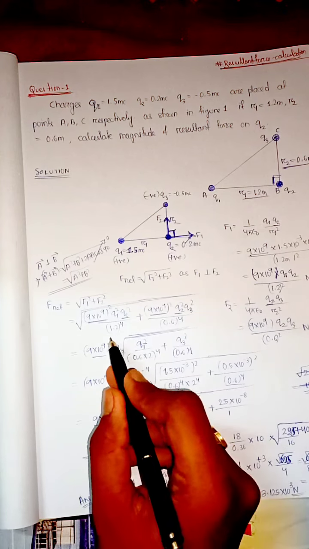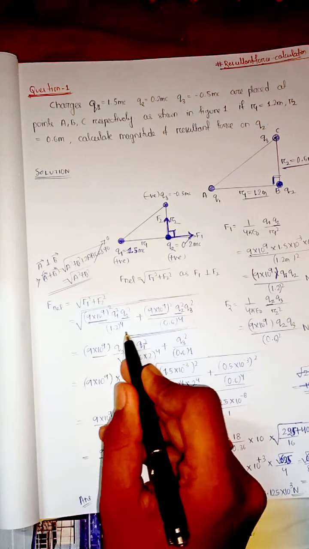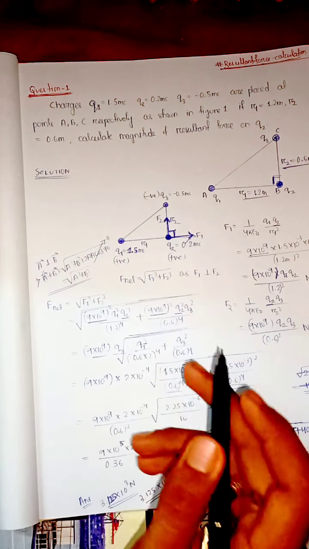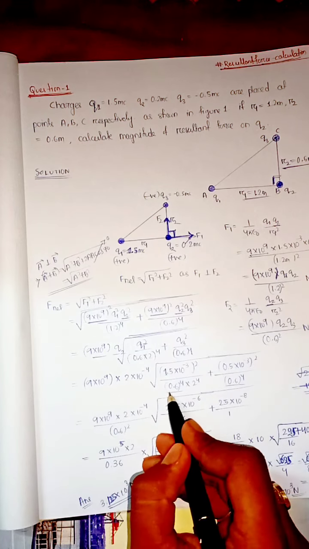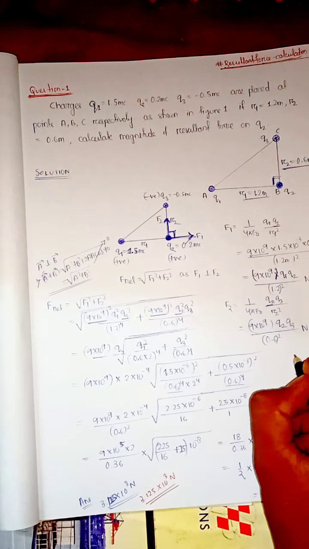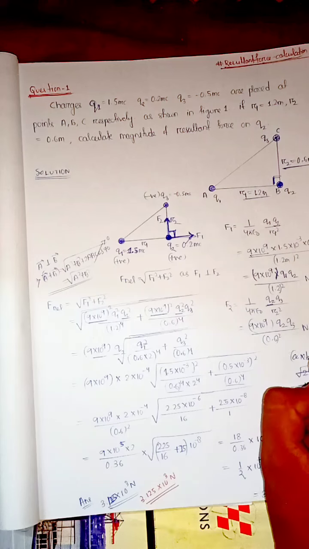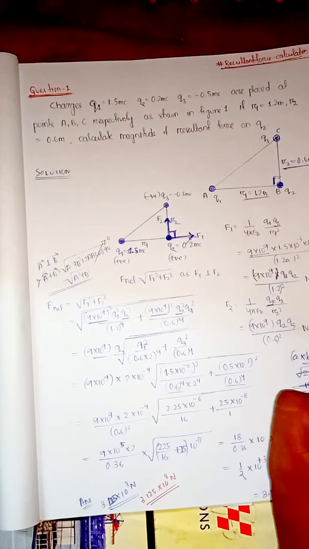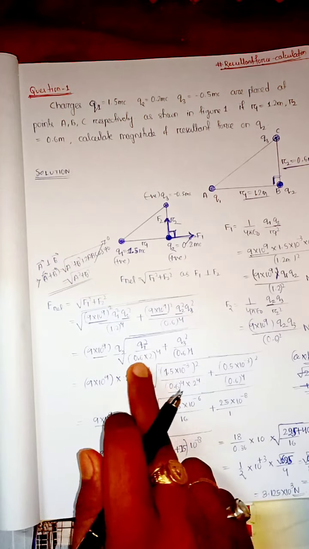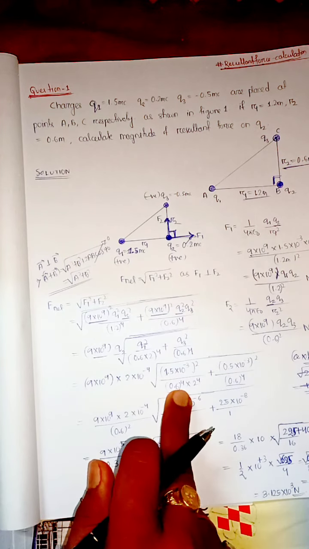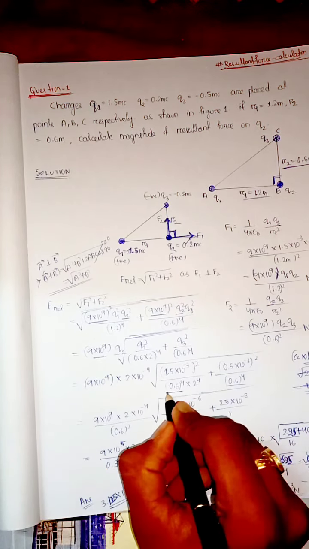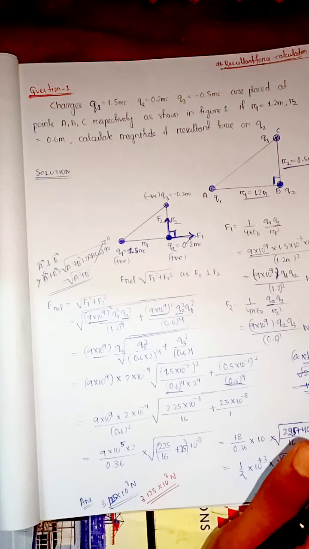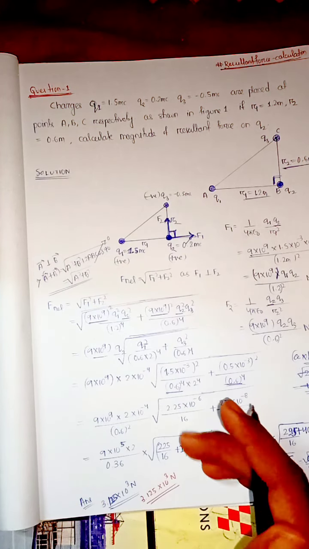So 1.2 to the power 4: 1.2 can be written as 0.6 into 2. We know that a into b to the power m is equal to a to the power m into b to the power m. I am using this. Now we can take common this, and things are becoming simple.